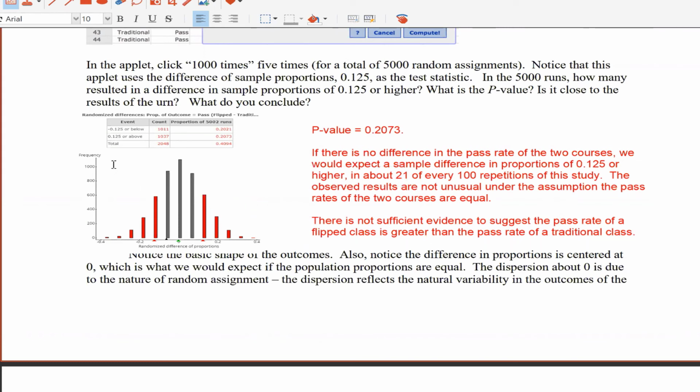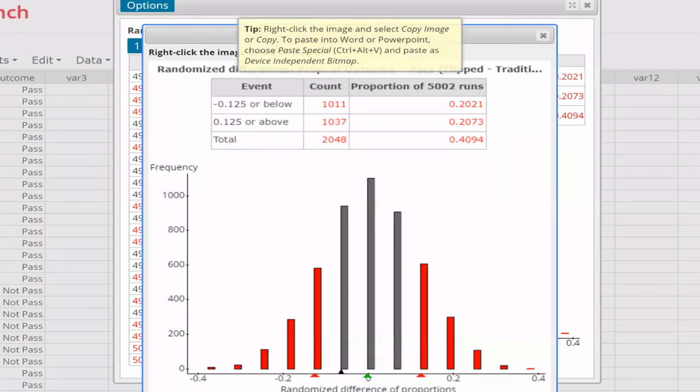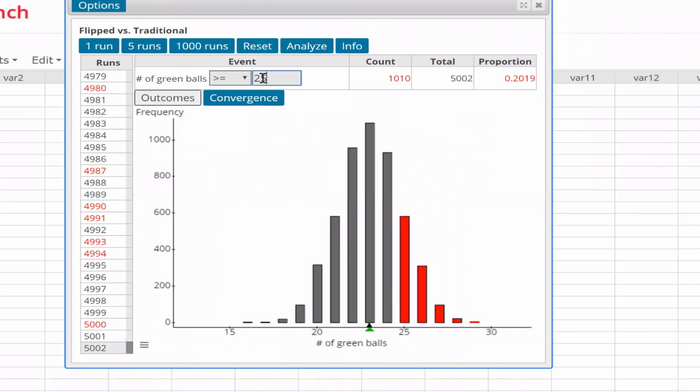You know what, before I go further, I think it's worthwhile, suppose, let's go back to my urn. Suppose we had 28 students pass in the flipped classroom instead of 25. If 28 students pass, the likelihood of getting 28 or more passing in your flipped classroom, under the assumption the pass rates in the two courses are the same, is only 0.005.